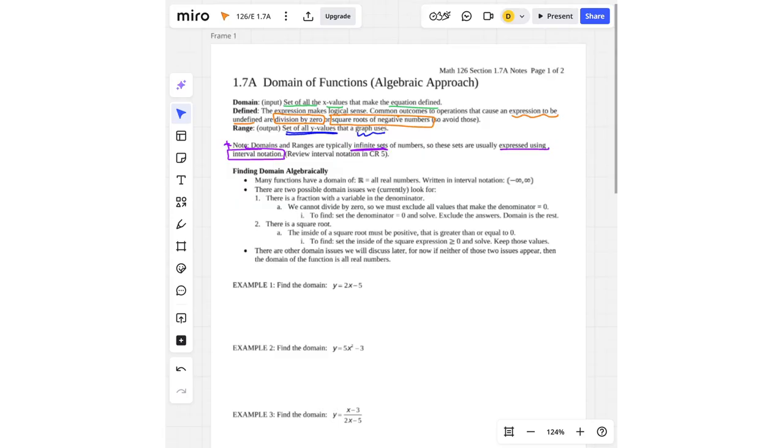We talked about interval notation in section CR5. So if you're not feeling familiar with that, go back to CR5 to review that. All right, so our goal in this section is, if I give you a function or an equation of x and y, to be able to find the domain of that function algebraically.